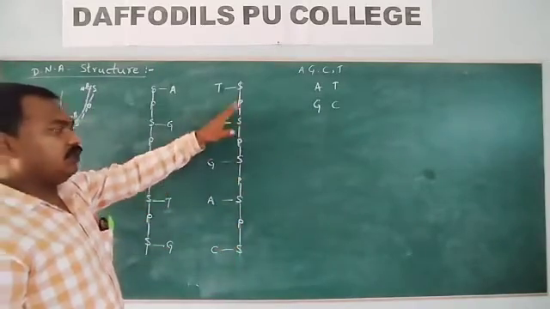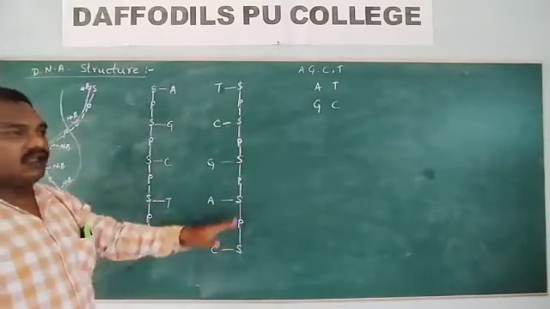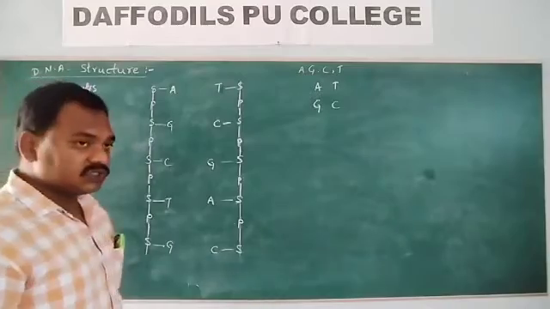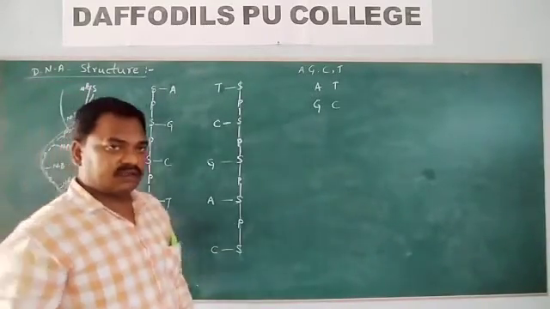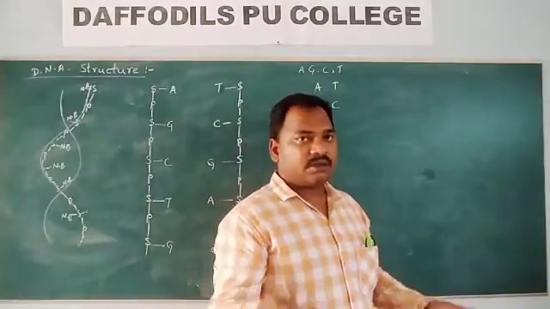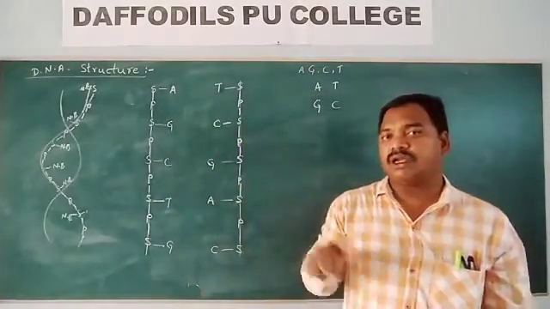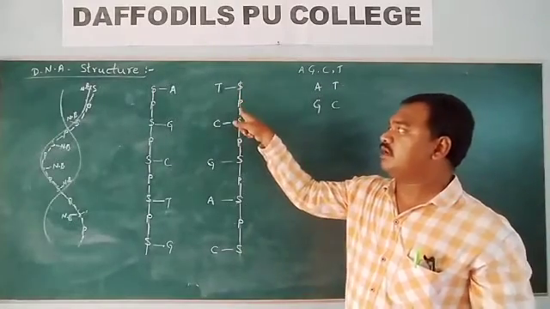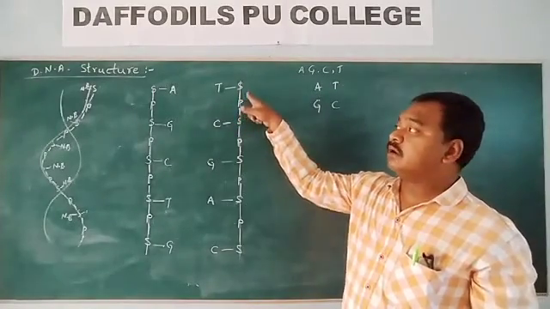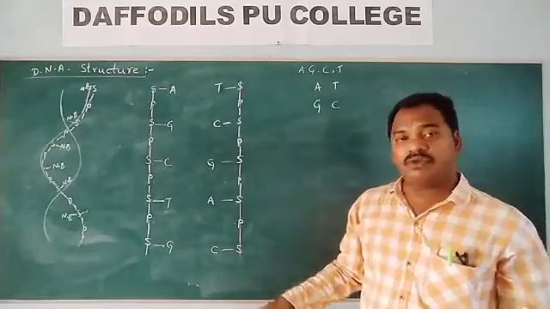So all these nucleotides connected form a polymeric chain, which is the backbone of DNA. The strands are made with sugar and phosphate. DNA is the polymer of nucleotides.